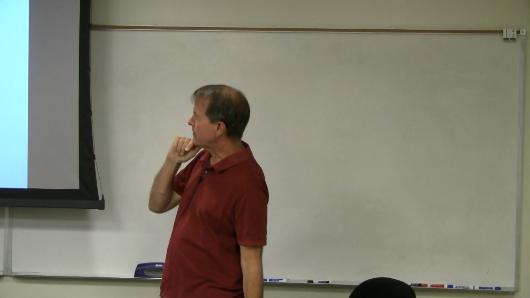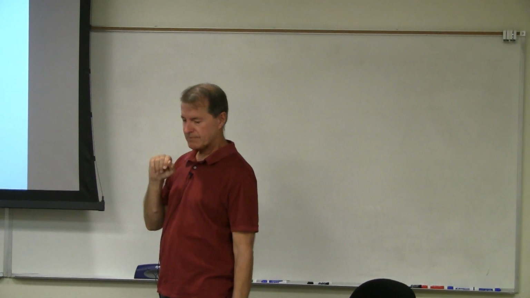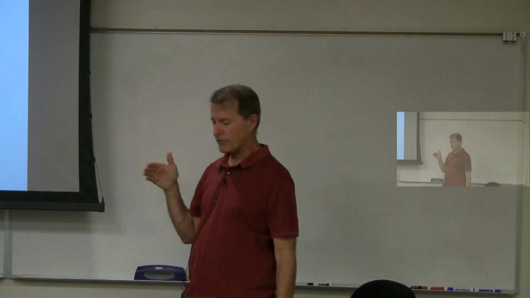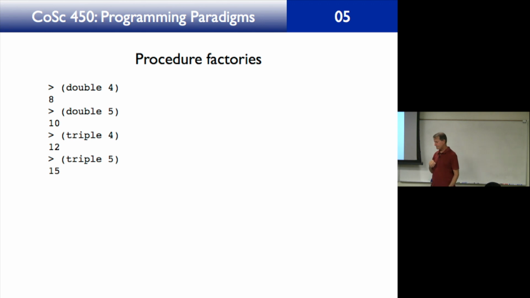Now, the next thing that we want to do is more higher-order procedures. So now we're going to talk about procedure factories, okay? Now, what does a factory do? It makes things, that's exactly right.